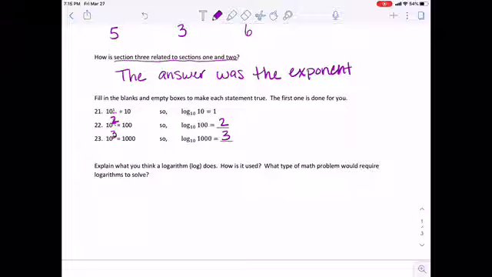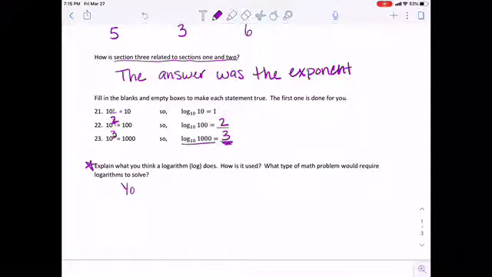So my last question, explain what you think a logarithm does. We'll notice how for each problem that we just solved, when I solved the log, the answer was the exponent. So when we use a logarithm, it's because we are trying to solve for the exponent.